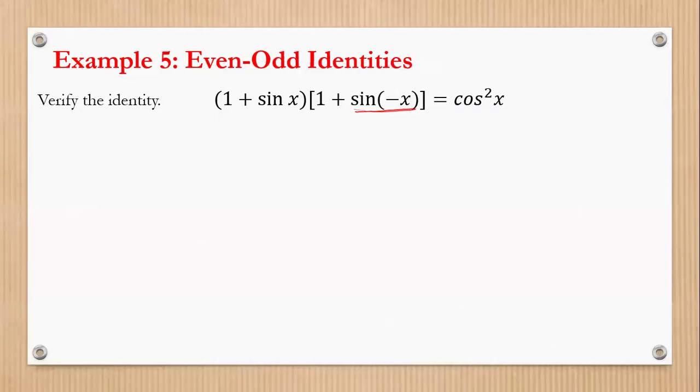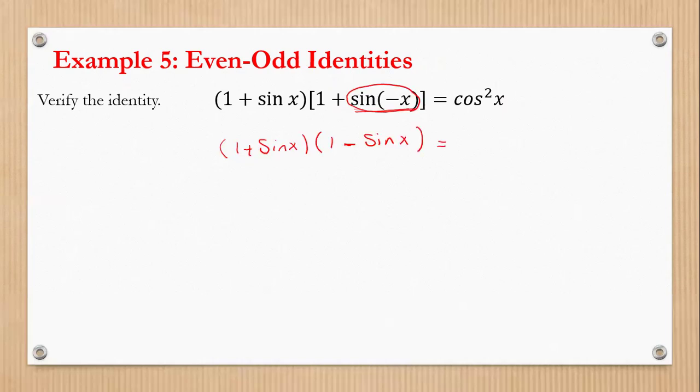And since sine is an odd function, instead of sine of negative x, you can have negative sine of x. So I keep the first fraction, and instead of sine of negative x, I put negative sine of x.